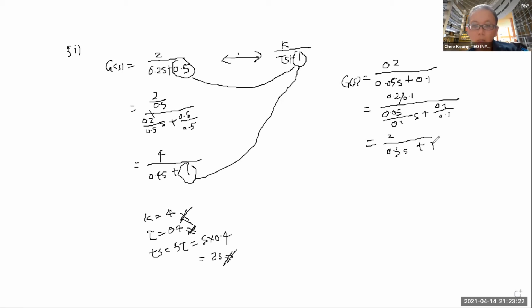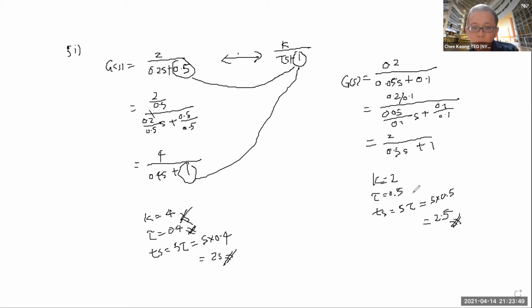So right now what is your K? K is 2 for this case, and tau will be 0.5. The settling time ts is equal to 5 tau, which is 5 times 0.5, which is 2.5 seconds.